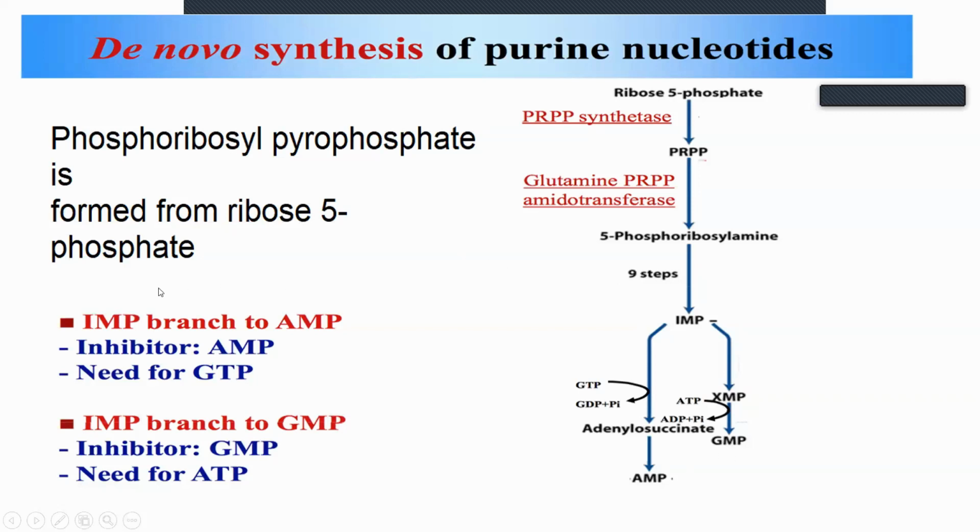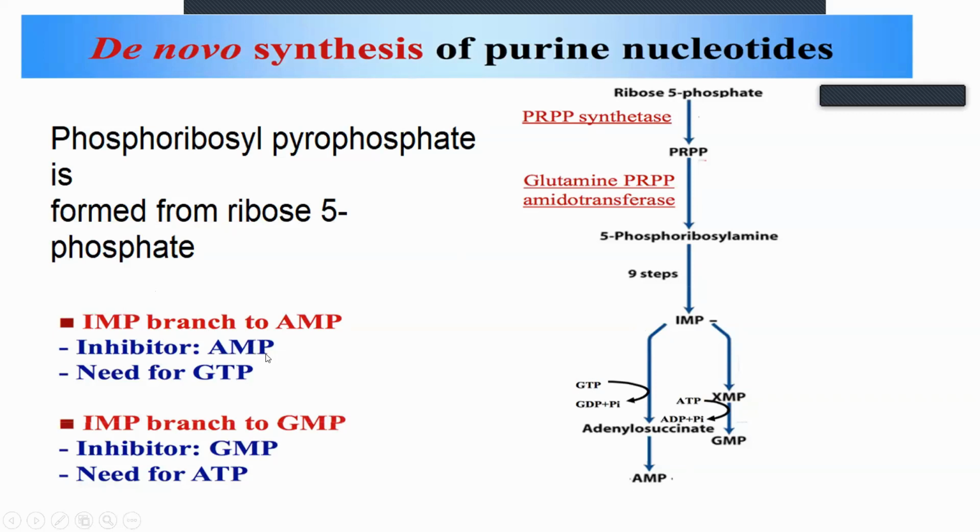Now, one more thing to remember is that if IMP is converting to AMP, the inhibitor is AMP itself. This means that if AMP becomes too high, it will inhibit the conversion of IMP itself. It will say, okay, I have enough AMP, no need to convert to AMP.